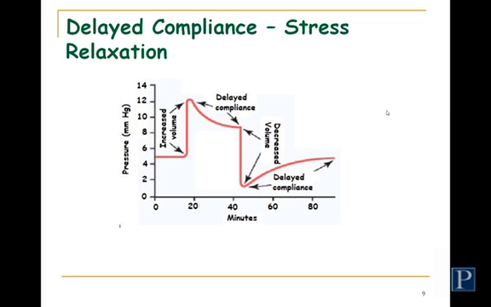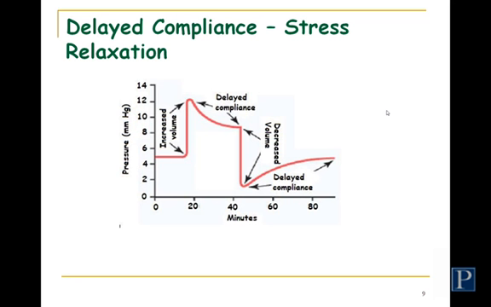You don't want that to happen. So one of the ways that we can try to compensate for the drop in pressure that you would get with decreased volume is this delayed compliance. It's just a partial compensation.